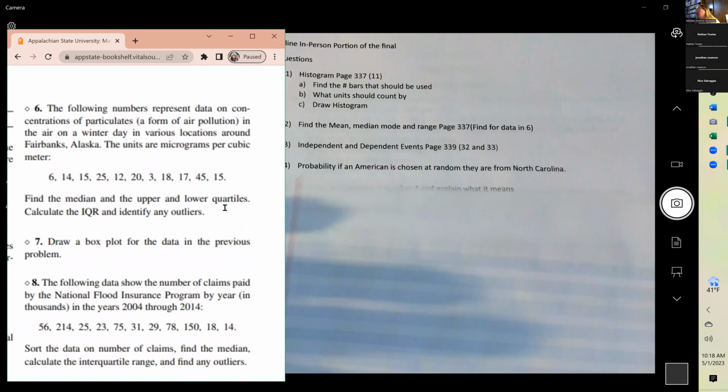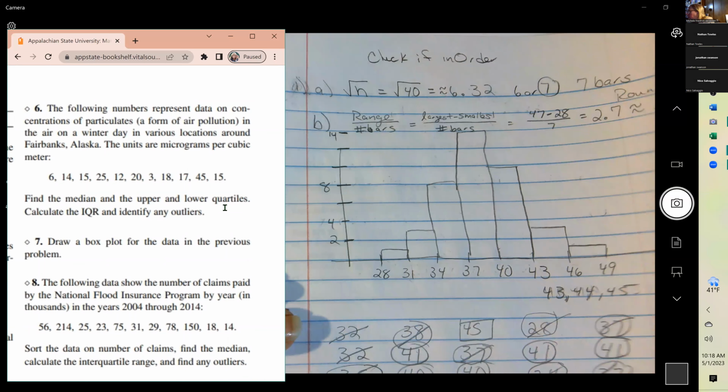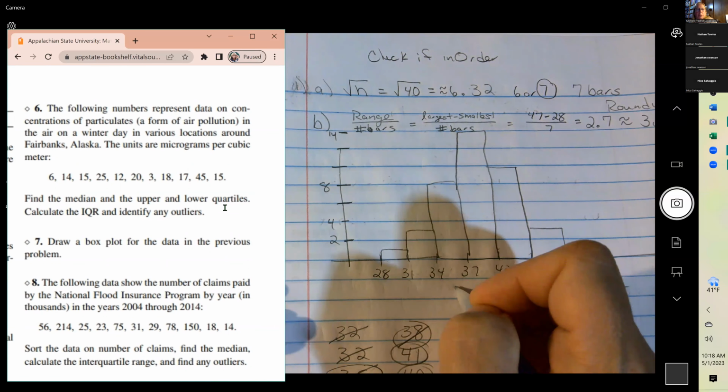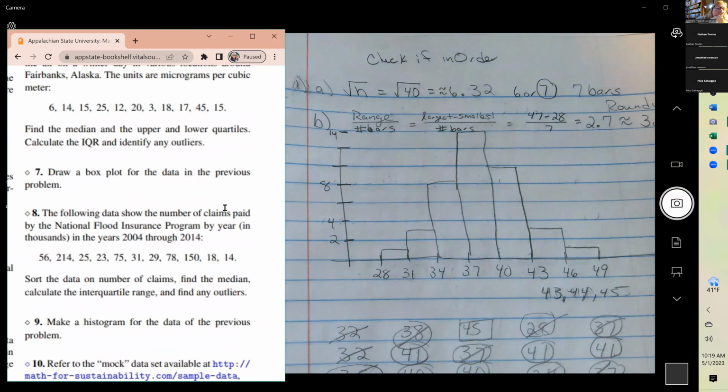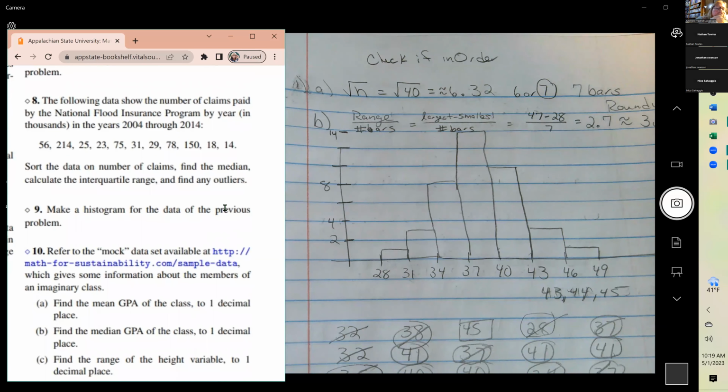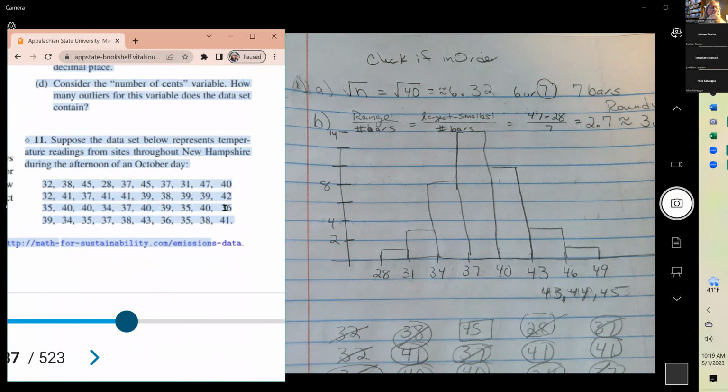Oh, on the histogram, make sure you label it. This was temperatures, I think.